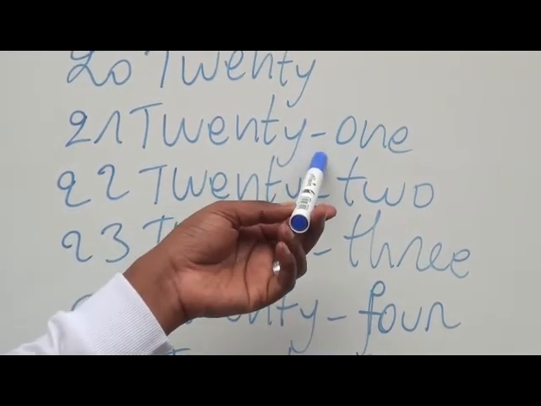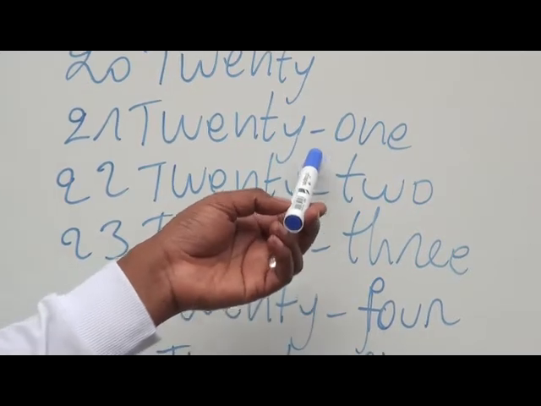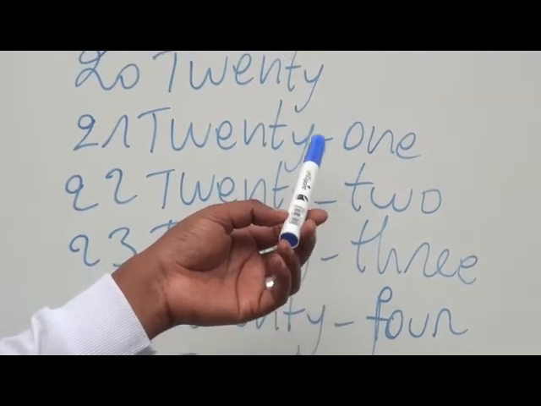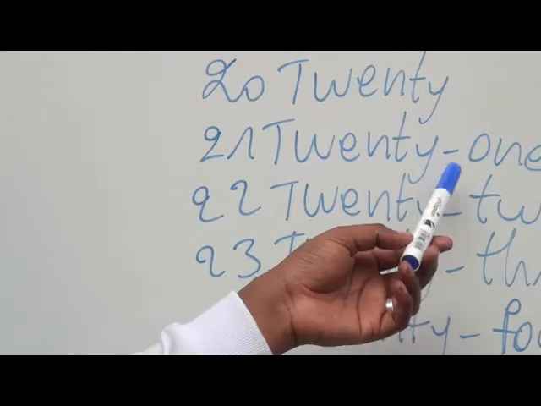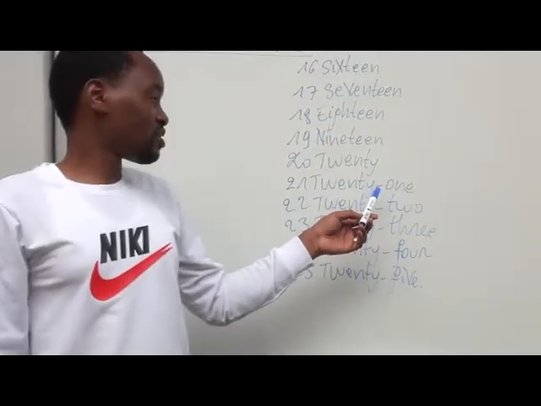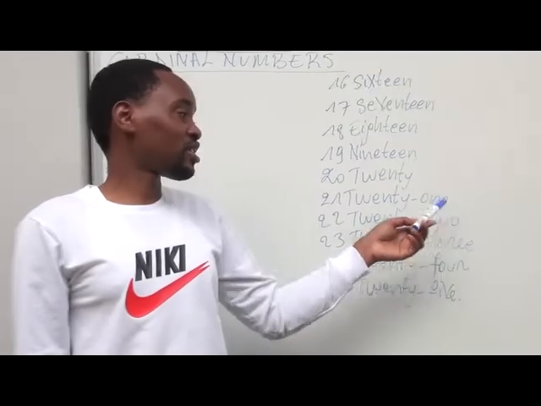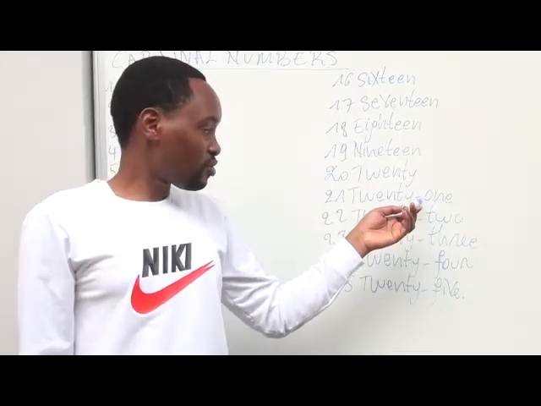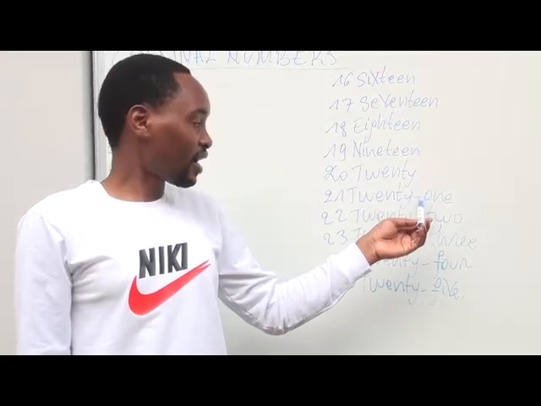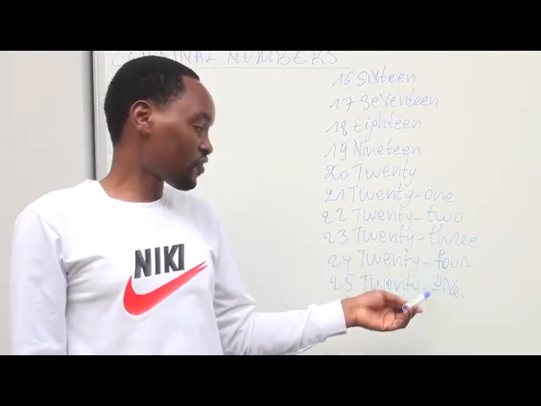We call it hyphen. When we have 2 numbers, the first one should be separated from the second one with this hyphen.